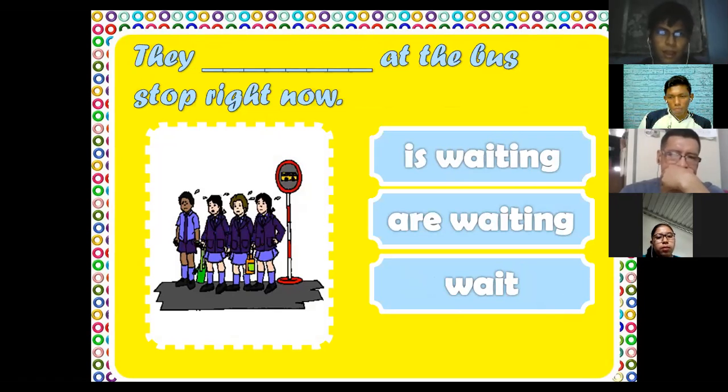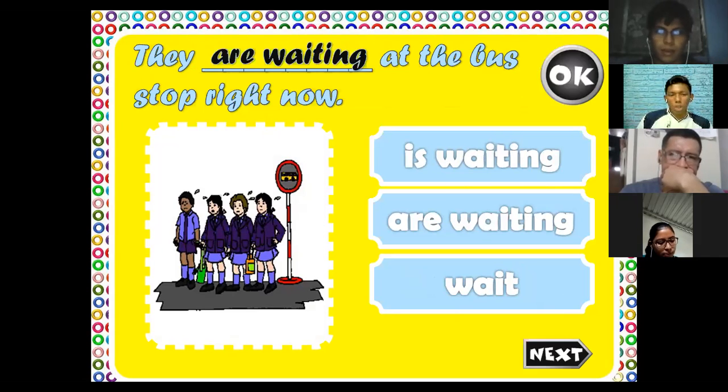They are waiting at the bus stop right now. Okay, they are waiting at the bus stop right now. En ese caso, las dos, bus termina con S y stop comienza con S, entonces solamente se pronuncia una, bus stop. Good. Choose another person.